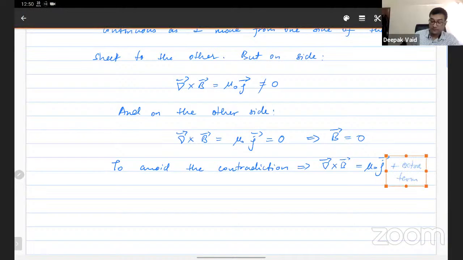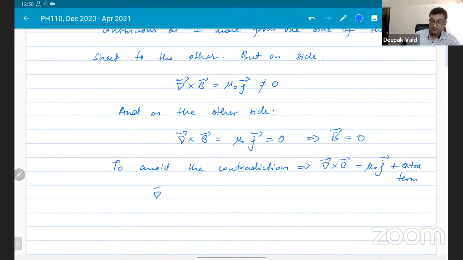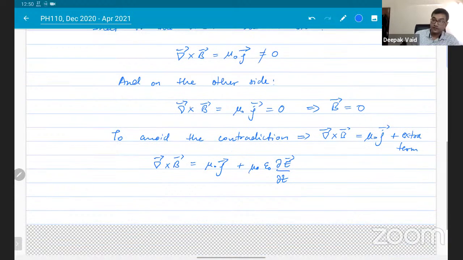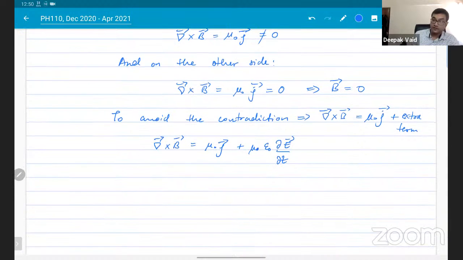This extra term will depend on the electric field. And it looks like this. So now as I go from one side, let me call this region 1 and region 2, and let's say region 3.